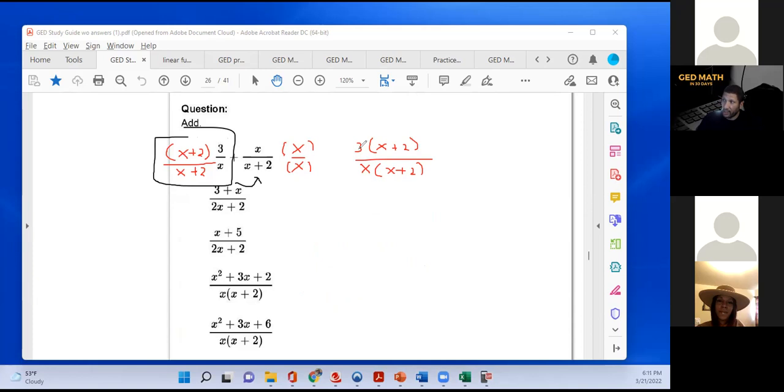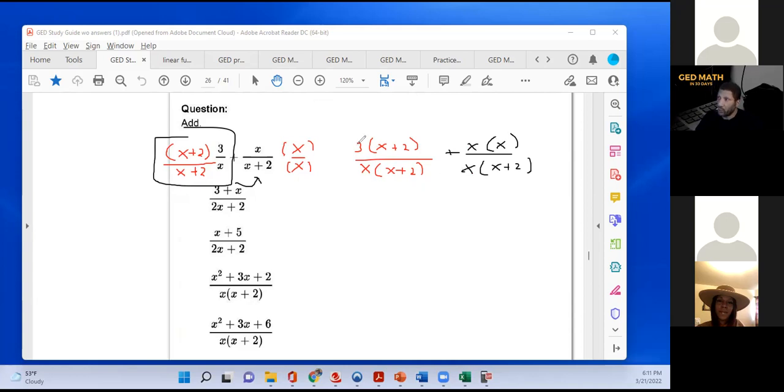So that's what we got here. I just put this 3 in front because that's how you normally see it. Plus X times X over X times X plus 2. If you notice now, they have the same denominator, X times X plus 2.